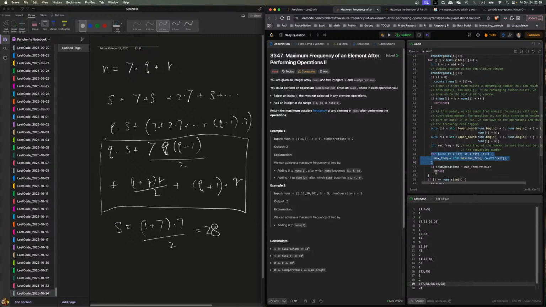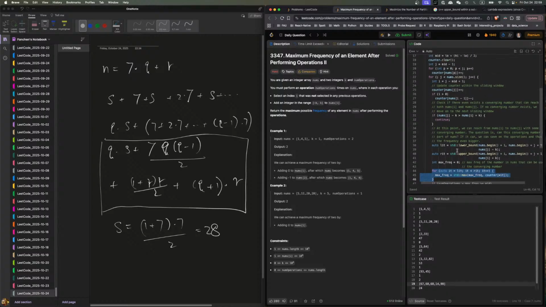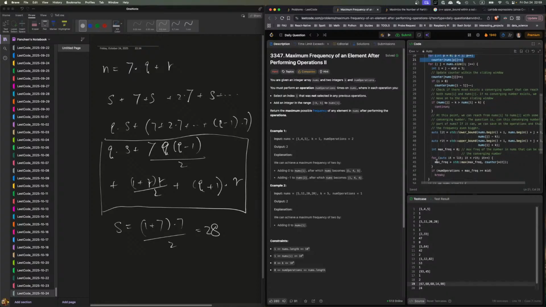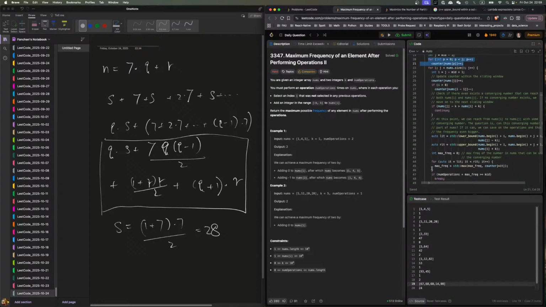Okay, yeah, this is not working. Are we calling quits on this? So what I think is this is fine, because this is part of this. It's O(n log n). It's this part, because this is inside the for loop, right?